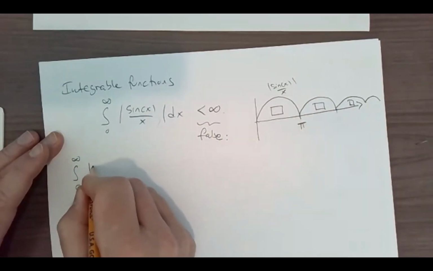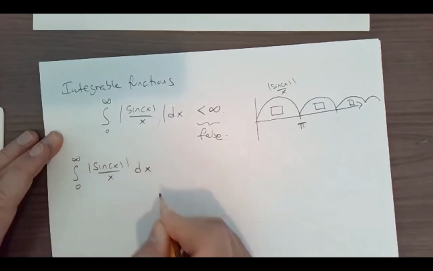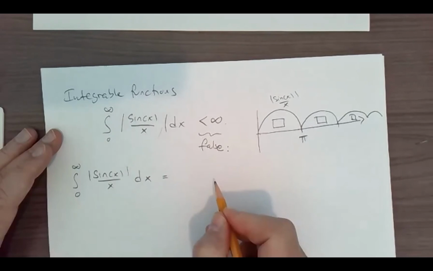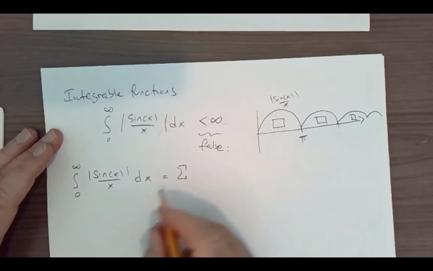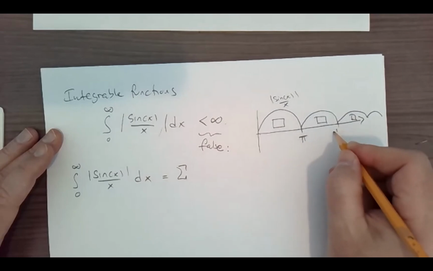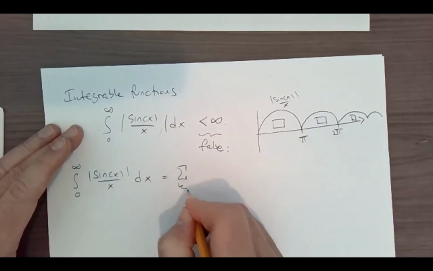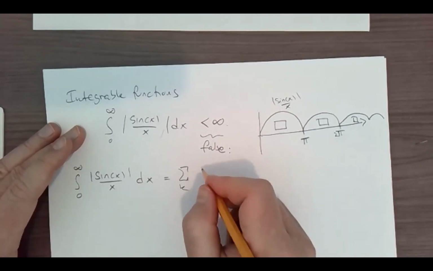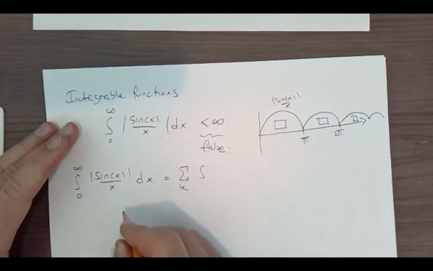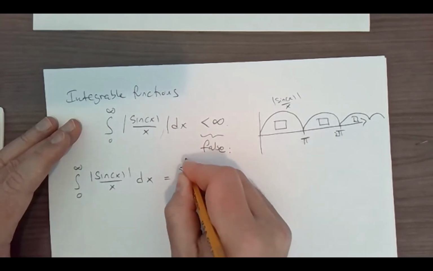So I'll break this integral up into a bunch of terms. I'll sum over k, and then I'll have an integral from k equals 0 to infinity.